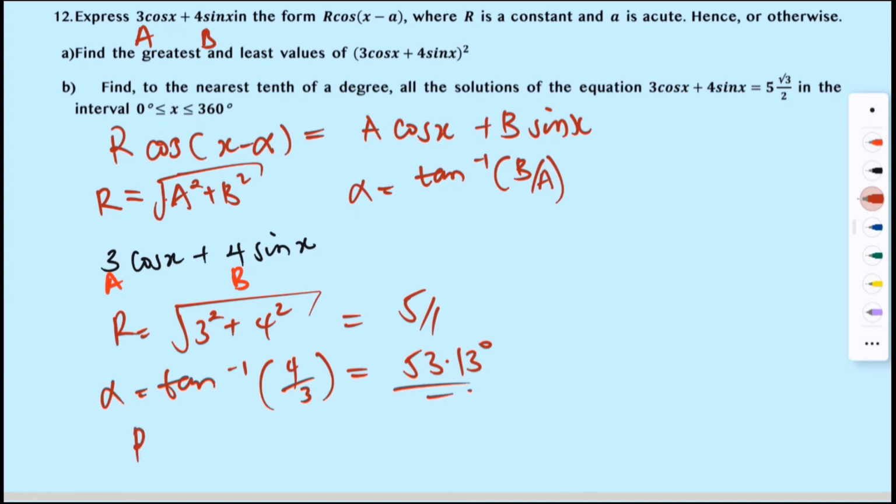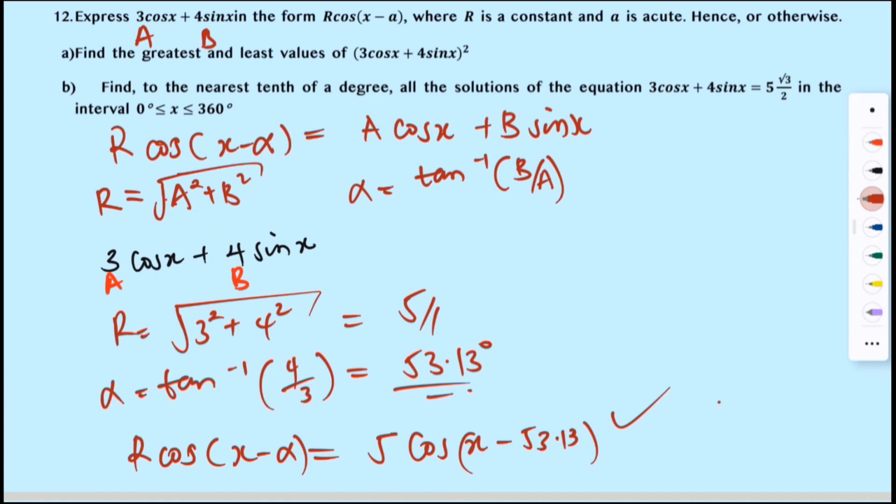And the final answer, we're writing it in the form r cos(x minus alpha). So this would be 5 cos(x minus 53.13), which is acute. There we go.